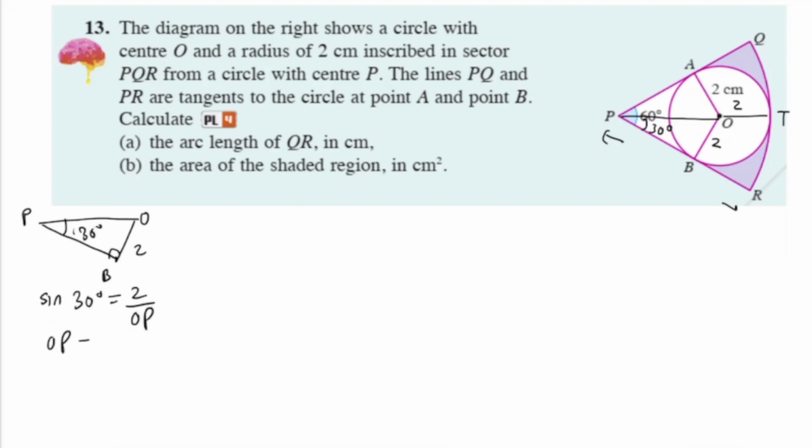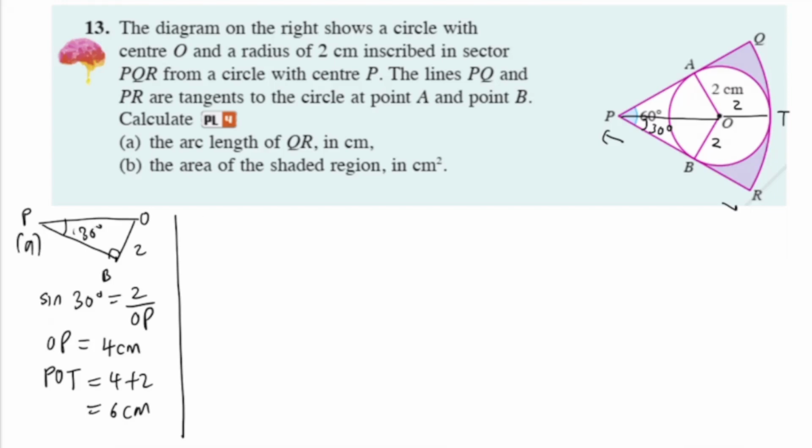Use your calculator in degree mode, please be careful, it's 30 degrees, not 30 radians. Your OP will be 2 divided by sine 30, which is 4 cm. So the length of POT is now 4 plus 2, which is 6 cm. This is part A.